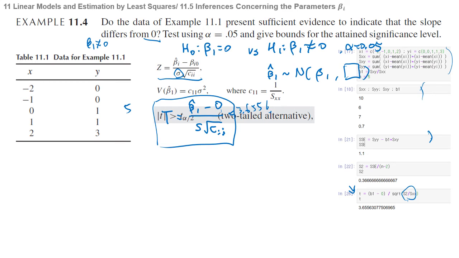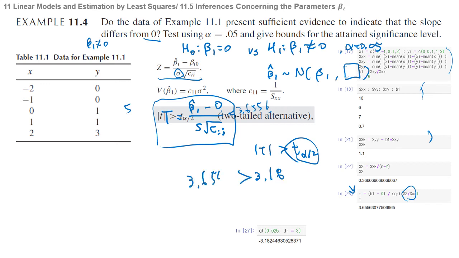The next thing is to decide the rejection region, which for the two-tailed case is if the absolute value of t is greater than t alpha over 2. And what is t alpha over 2? We can calculate it using R, and that value is 3.18. And 3.6556 is greater than 3.18.